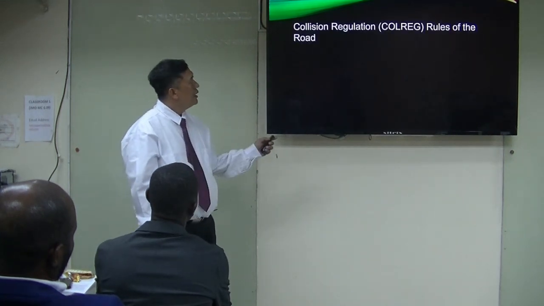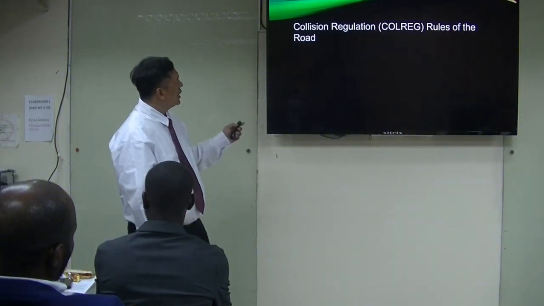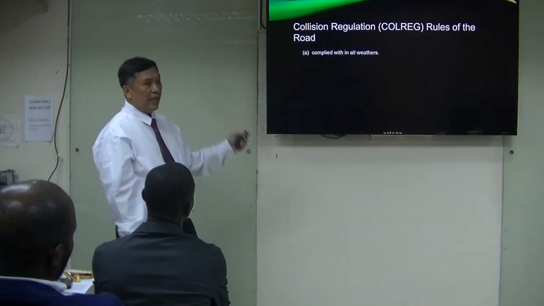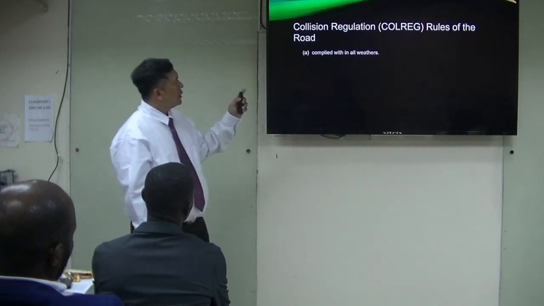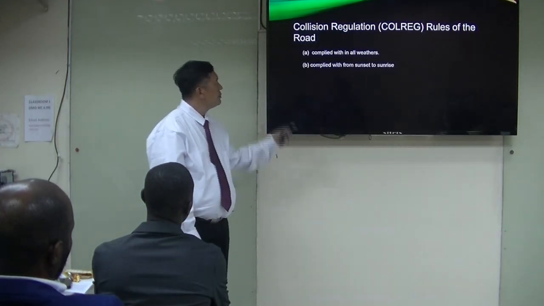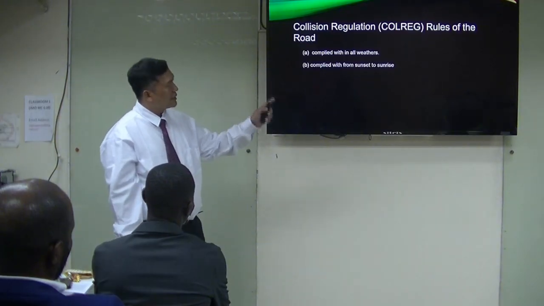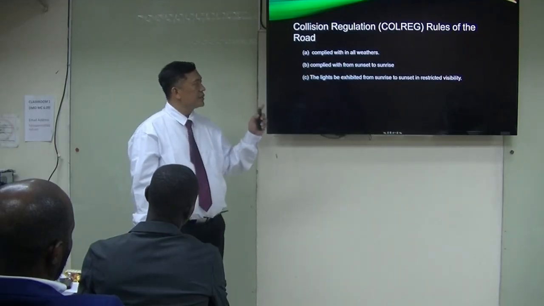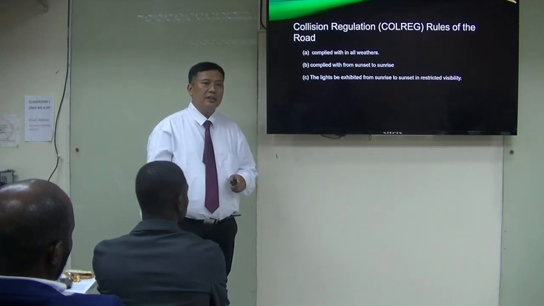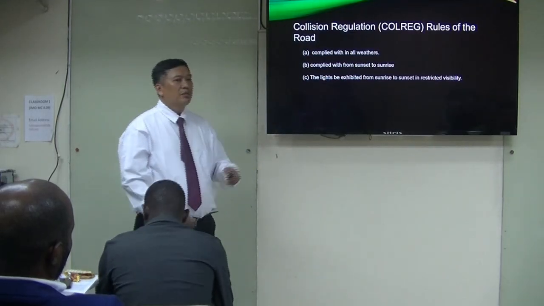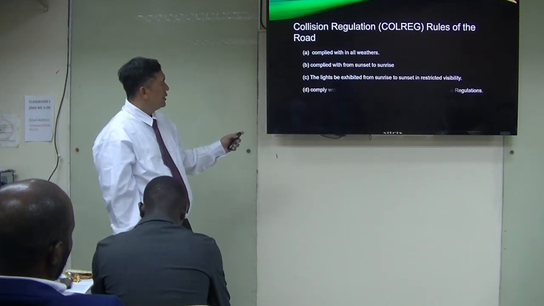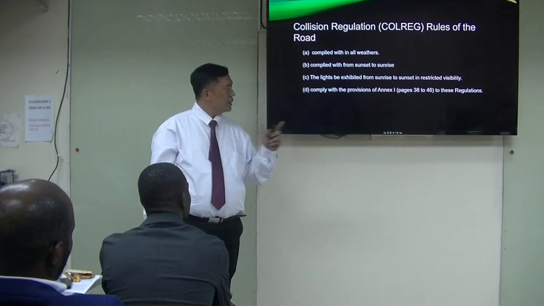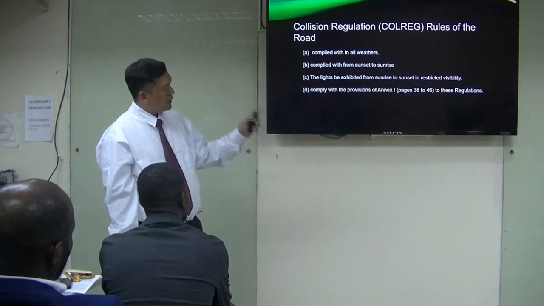This adds information regarding the collision regulations, rules of the road, and compliance with the lights. They must be complied with in all weathers, from sunset to sunrise, and must be exhibited from sunrise to sunset in restricted visibility. So we know that the light must be on all the time. Comply with the provisions of Annex 1, pages 38 to 46 of those regulations.